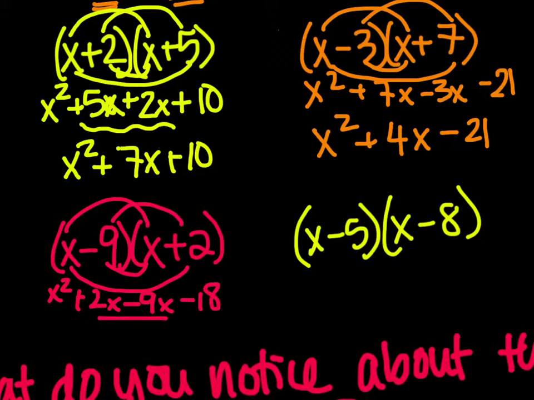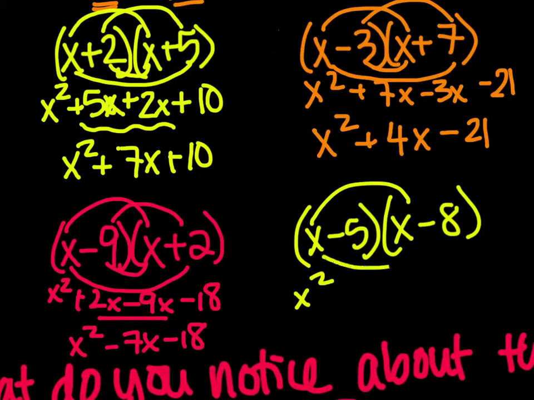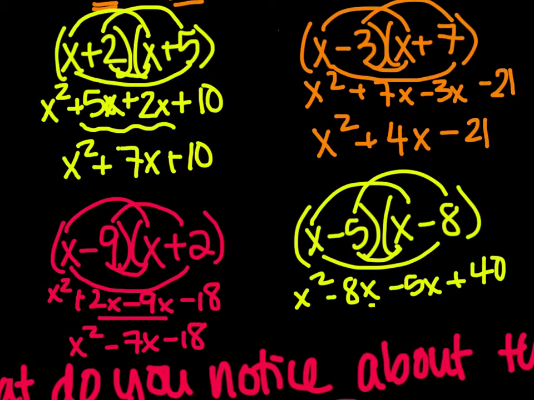So our final answer after we combine like terms, x squared minus 7x minus 18. Our last one, x squared minus 8x minus 5x, and our last one plus 40. So we end up with x squared minus 13x plus 40.